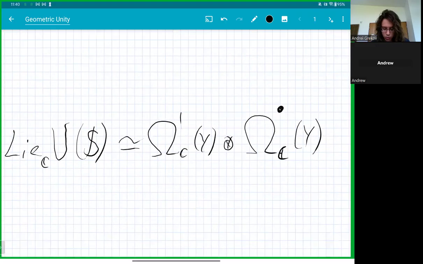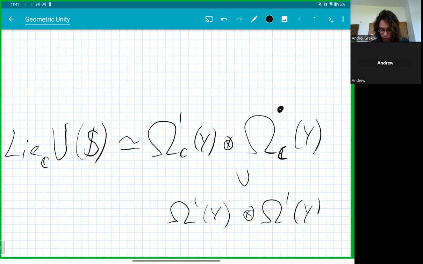Okay, and then inside of it we have omega 1 of y tensor omega 1 of y.